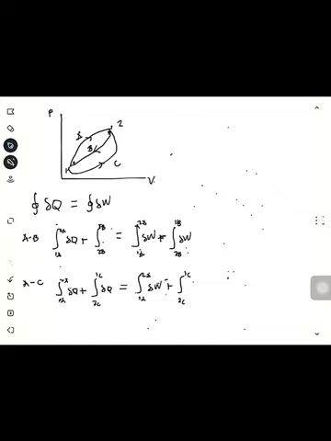So considering we have the cycle A to B and this cycle A, C, what do we have here?